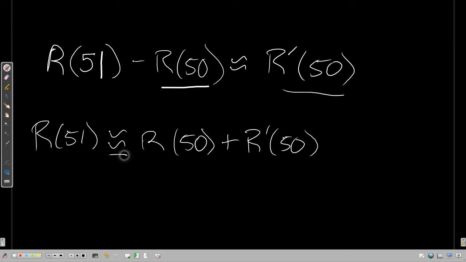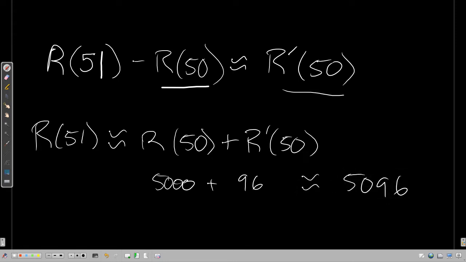And it says that should approximately be the revenue of the 51st one. Okay, super. Well, we knew that R of 50 was 5,000, and they told us that this was 96, so we're getting approximately 5096. And that's only $1 more than what actually happened.